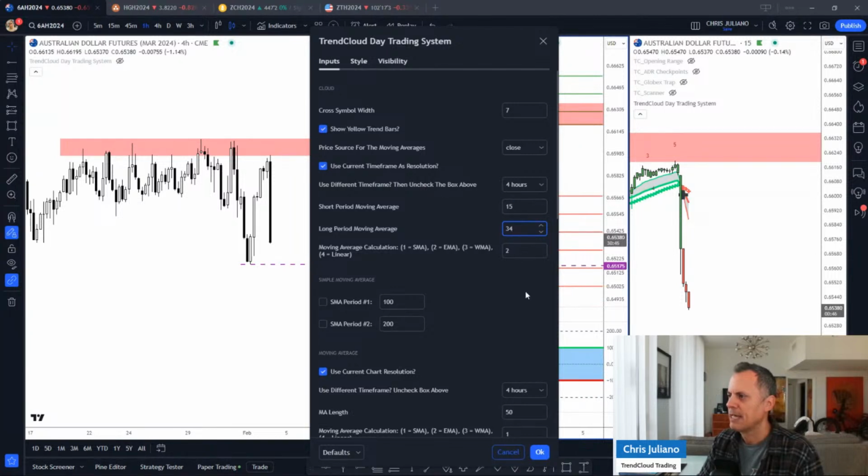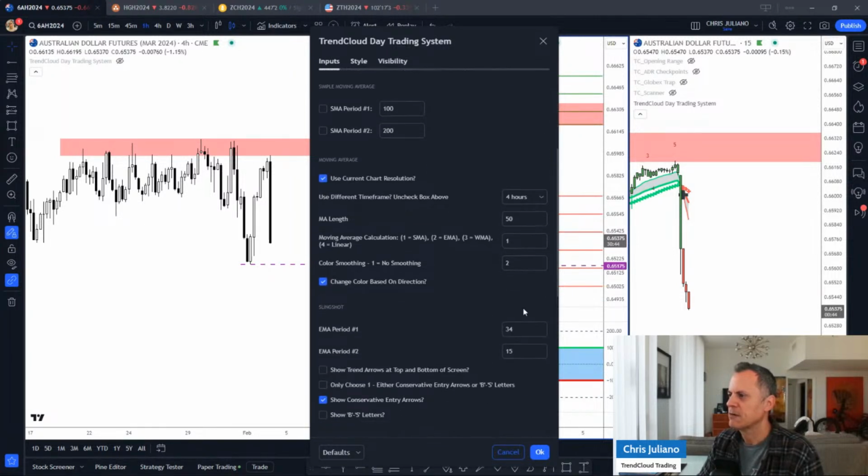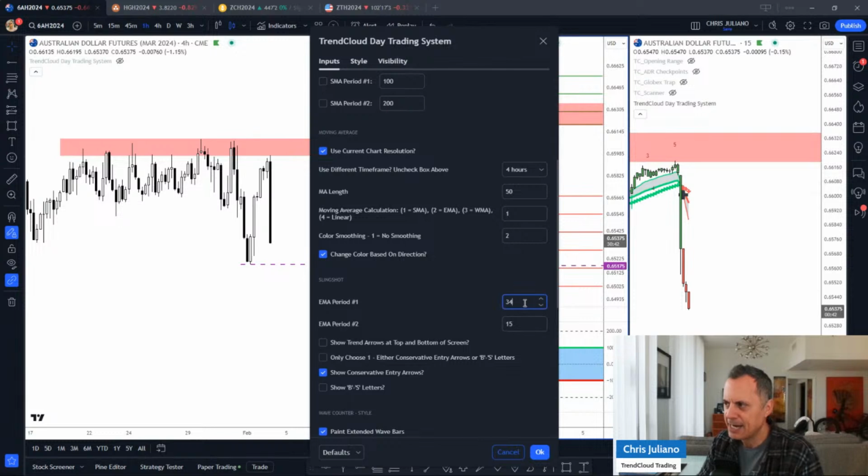And then you would have to go down here and put 89 and 8. And just replace these EMAs with those numbers, and see how TrendCloud reacts using that.